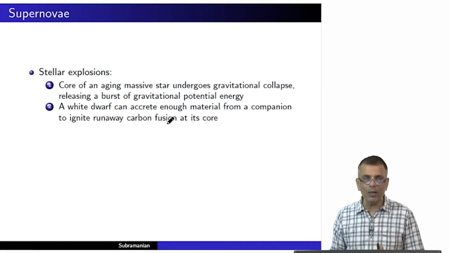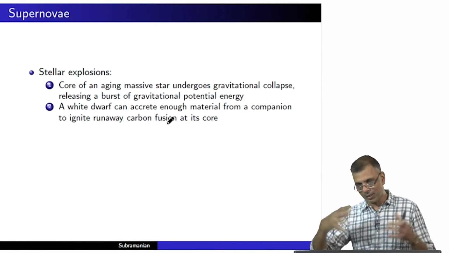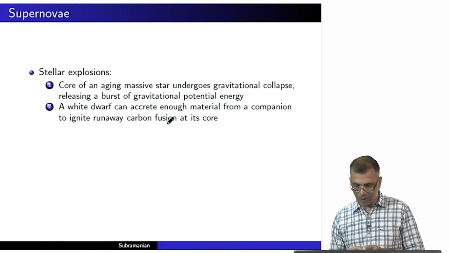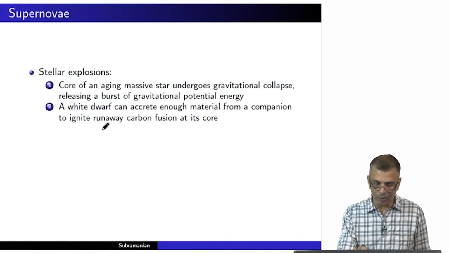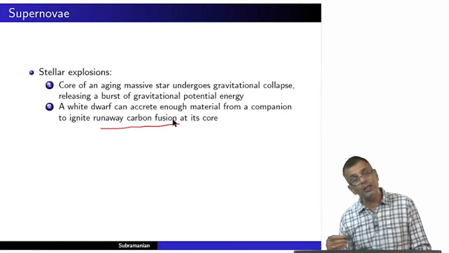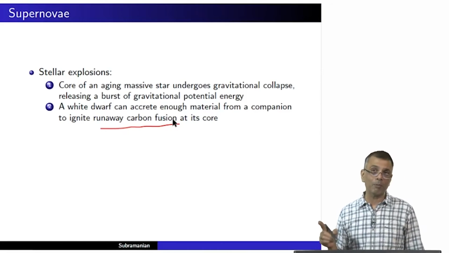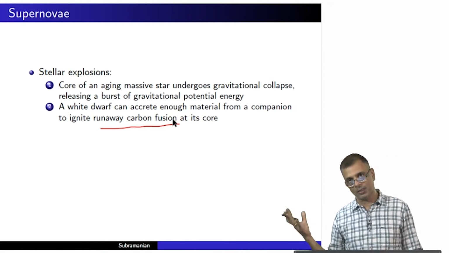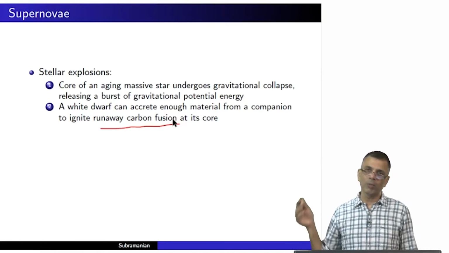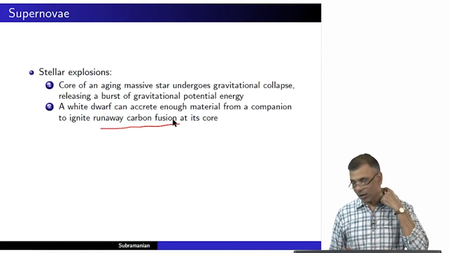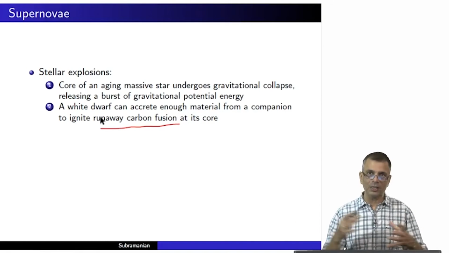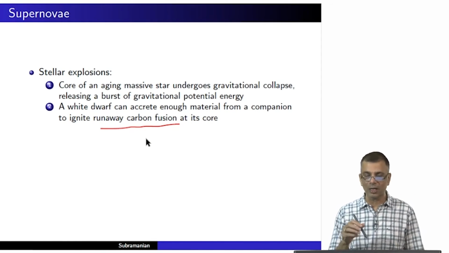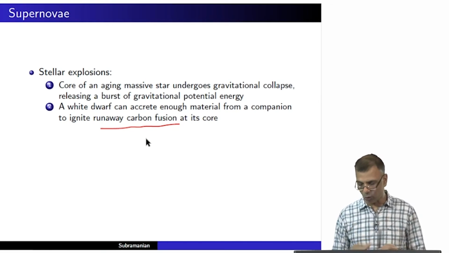However, if the density at the core of the sun increased beyond a certain critical threshold, it could ignite runaway carbon fusion, so heavier elements would start getting fused. This is never going to happen in our sun, simply because of the initial mass that the proto-sun started out with. But in other kinds of compact objects, such as a white dwarf, the density at the core can become so high that heavier elements such as carbon can start getting fused at its core.